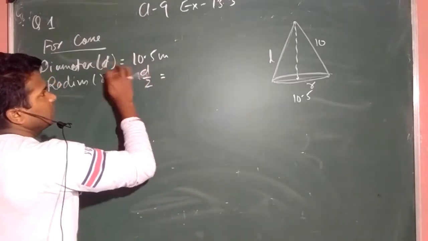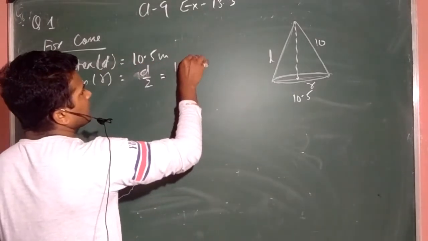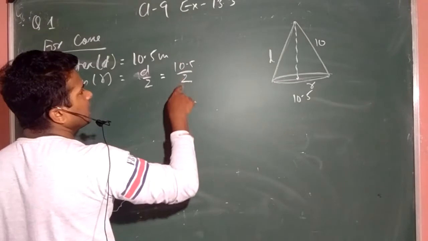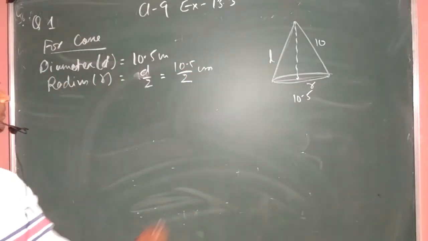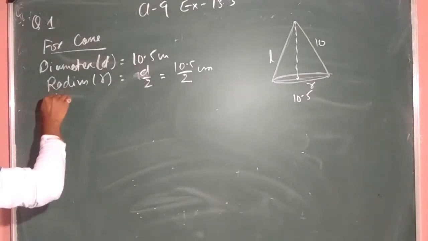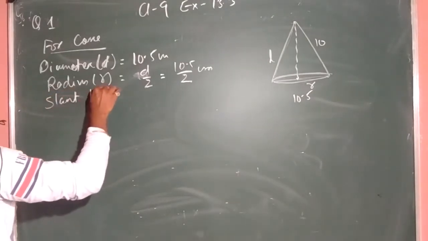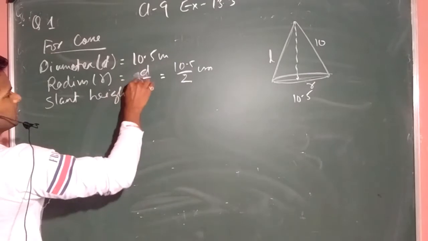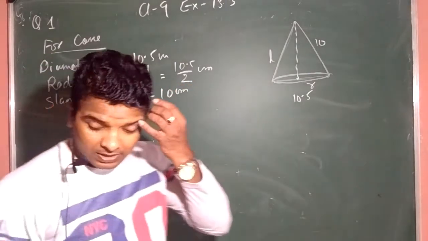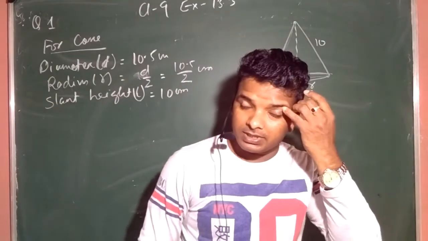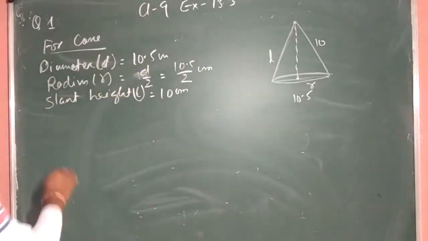D means diameter, which is 10.5, so 10.5 by 2 centimeters. Since it is not divisible, we will leave it the same. And the slant height is given as 10 centimeters. The question is, find the curved surface area.